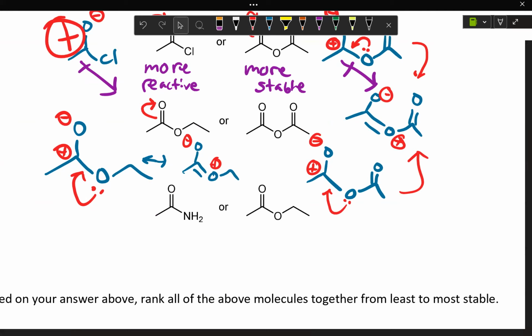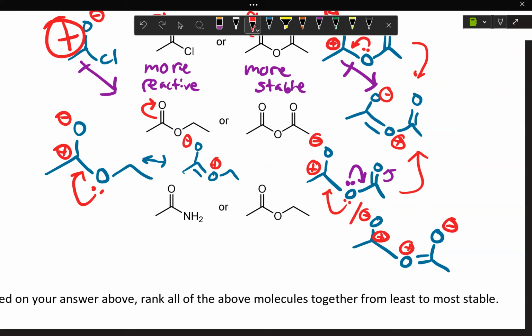The difference is, as you can probably see, that this anhydride can also do resonance onto this side. It can do resonance onto the other side of the anhydride. So let's draw that. That creates another positive charge on that oxygen and a negative charge on that oxygen.